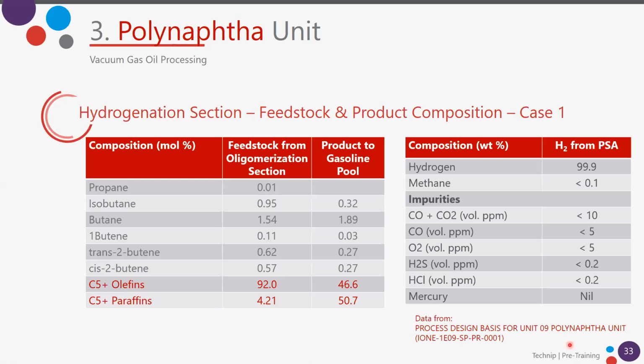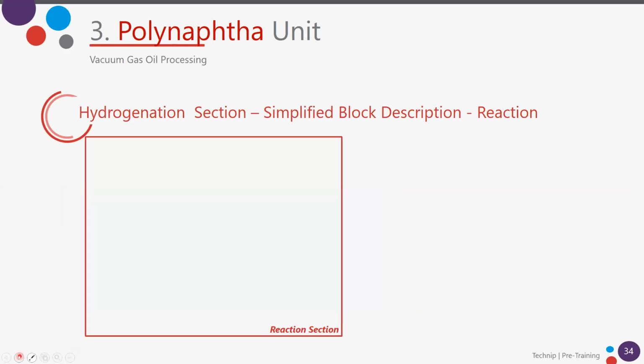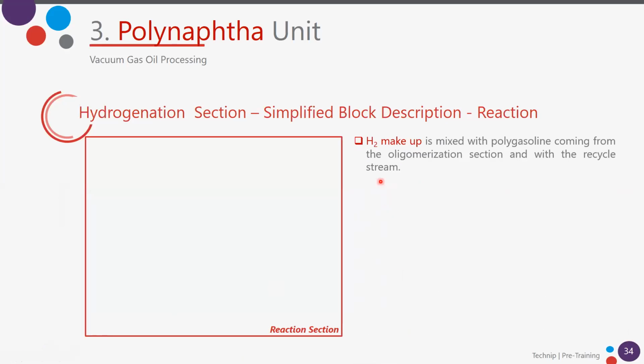Of course, all the data comes from the design basis of the unit. So in this case, we'll have a reaction section. The hydrogen makeup is mixed with the polygasoline coming from the oligomerization section, and with the recycle stream.